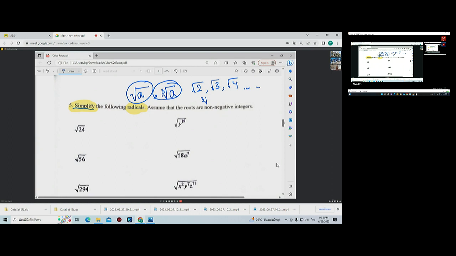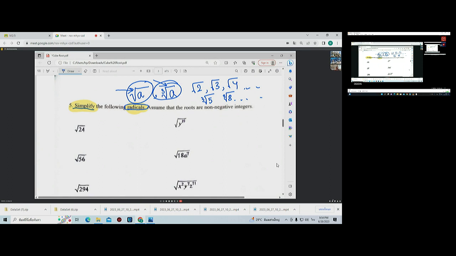Similarly, cube root of 5, cube root of 8, all radicals. Whether they are perfect square, perfect cube, non-perfect square, non-perfect cube, they all are called radicals if they have this sign. Okay? This root symbol, then we call it radicals.